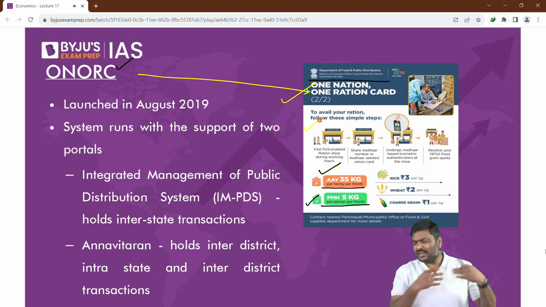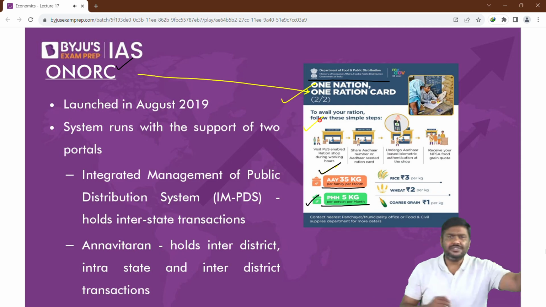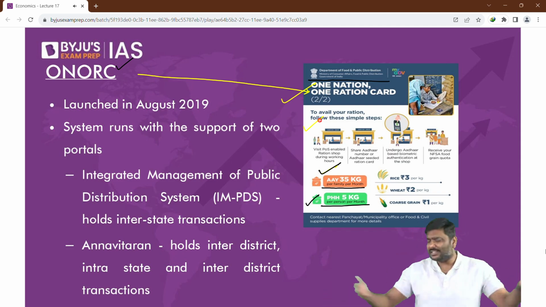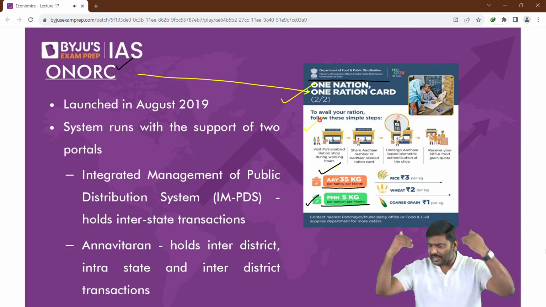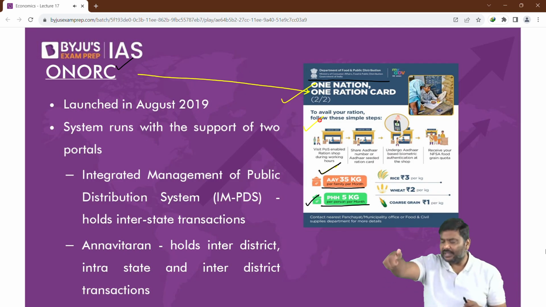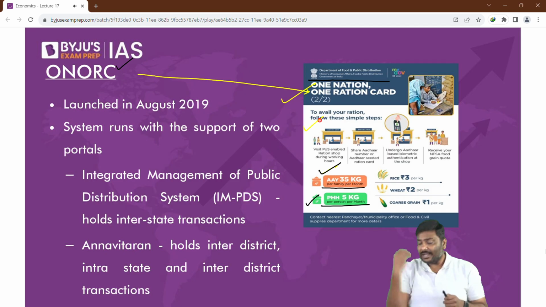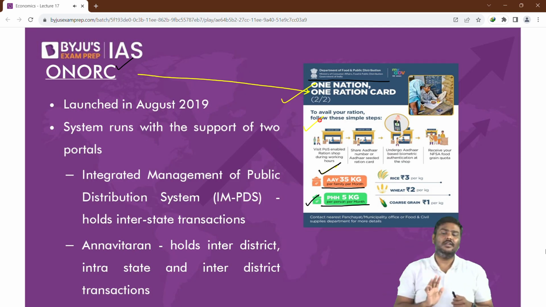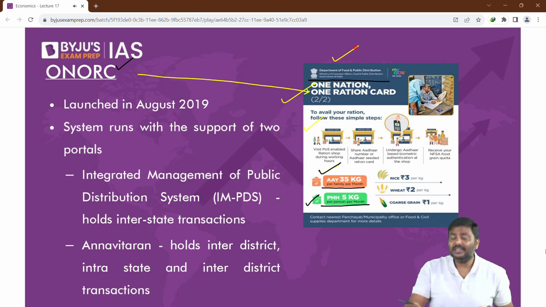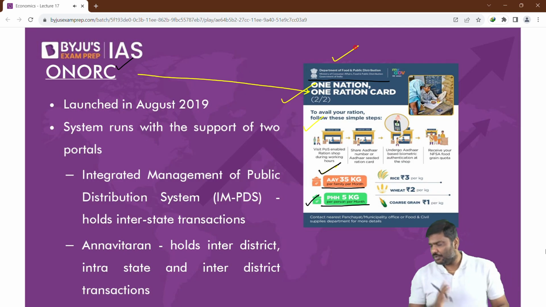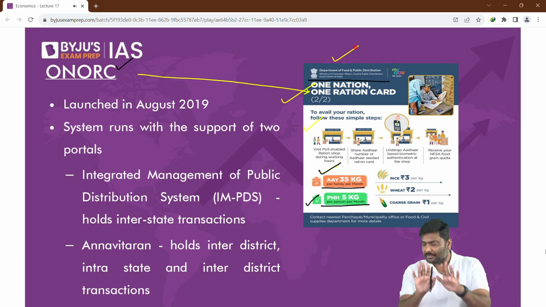Are all of you okay with this? Through this, can I say government is promoting portability of ration cards? Whether you're a beneficiary in state 1, state 2, district 1 or district 2, doesn't matter. As long as you are a beneficiary, provide your thumbprint, prove that you are a beneficiary and keep taking food grains. That is one nation, one ration card.